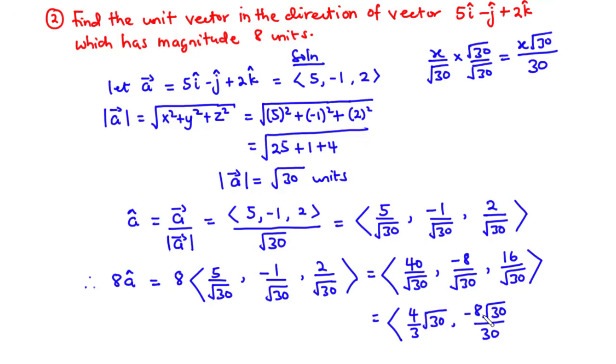Now 2 goes into 8 4 times, 2 goes into 30 15 times. So we can simplify this as negative 4 over 15 root 30, comma. And for the z component, we have 16 root 30 divided by 30. Now 2 goes into 16 8 times, 2 goes into 30 15 times. So we can simplify this as 8 root 30 divided by 15.